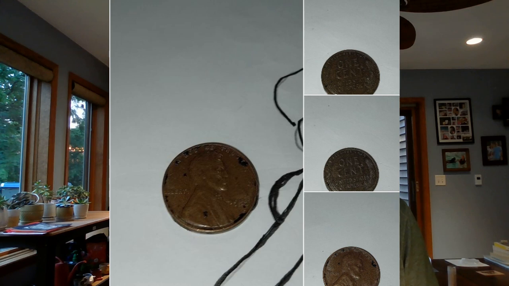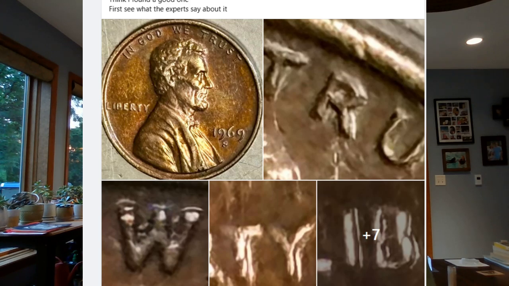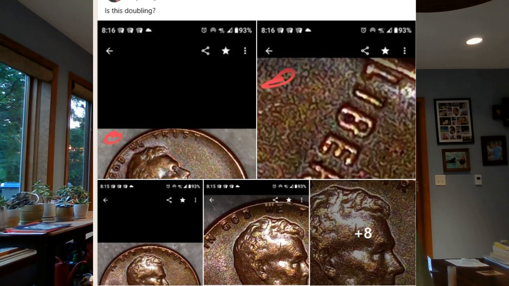We can't see anything, and that doesn't do us any good either. So we need clear pictures. We need them up close. We need obverse and reverse of the whole coin. But whatever you do, don't get your pictures too close. Because if you get your pictures too close, they pixelate like this. And we can't see that either. It won't do us any good. So clear pictures, make sure they're cropped well.